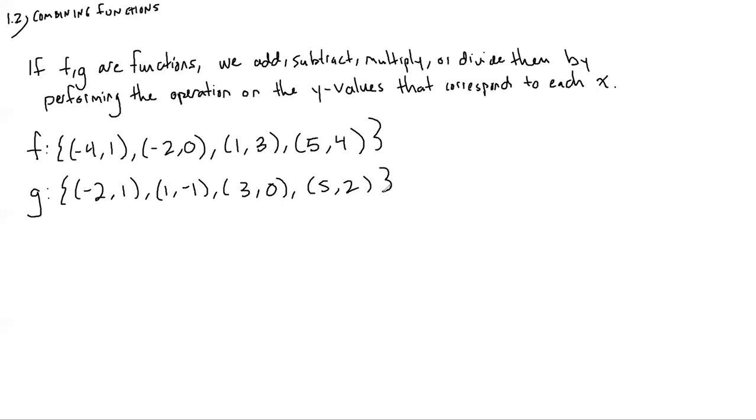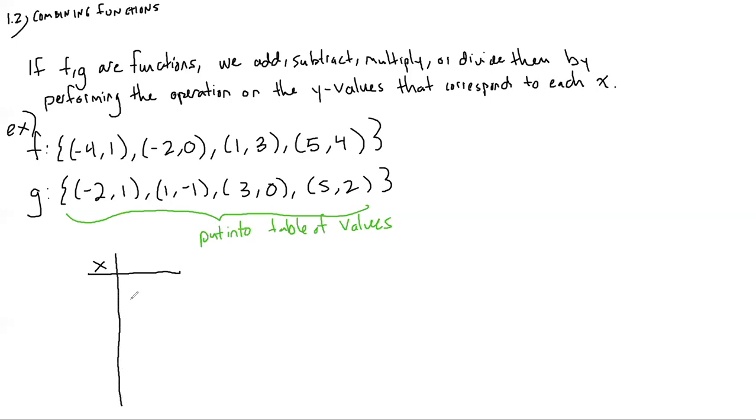My suggestion is to actually put these into a table of values. That's probably what I'll recommend for graphs as well. And so what I'll get here is my x's.